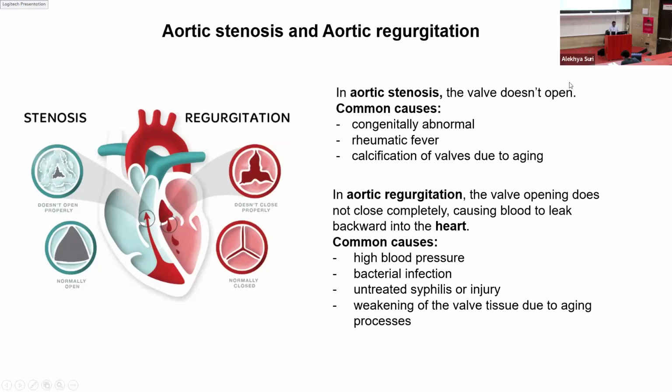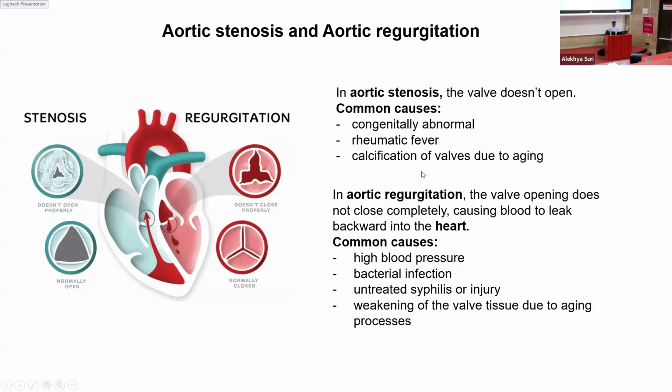The valve does not open in aortic stenosis patients, and the common causes are congenital abnormalities. During development, there may be a defect, and the valve cannot open properly because of that, or it could be caused by some infections, including rheumatic fever, which is one of the major causes of aortic stenosis.